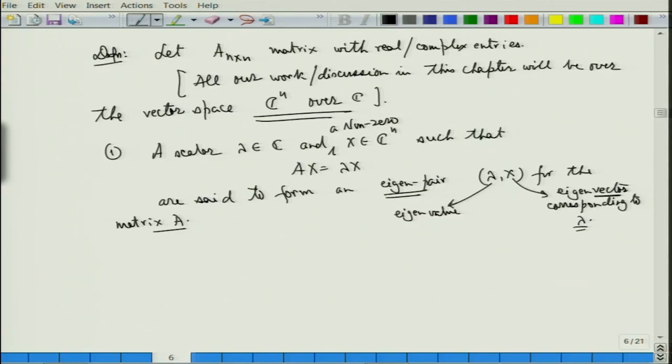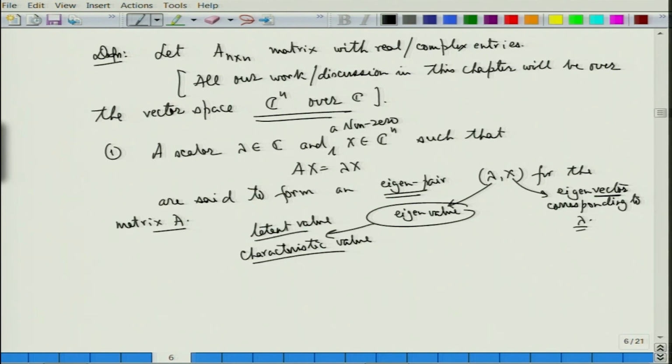Further, you need to understand some important things. Many books, in place of eigenvalue, use the words latent value, or characteristic value, and there are other names also.